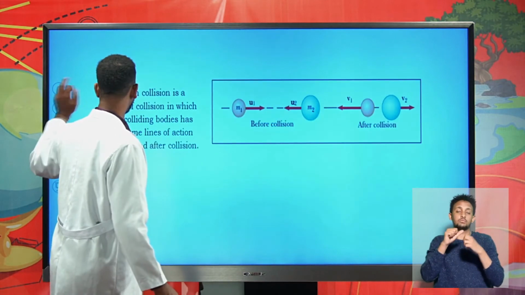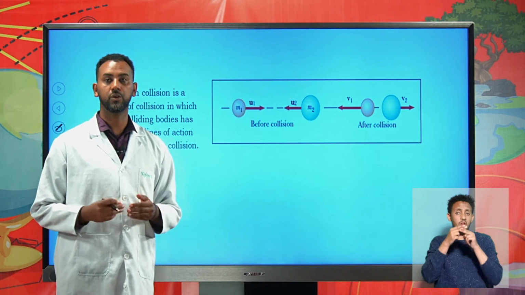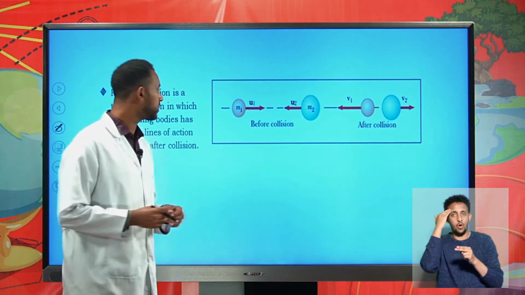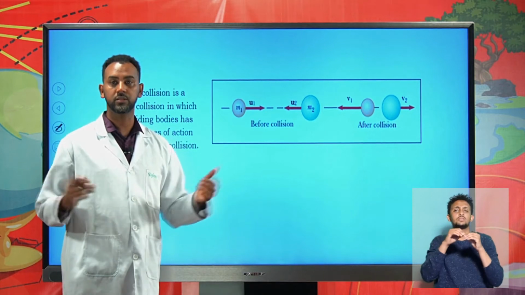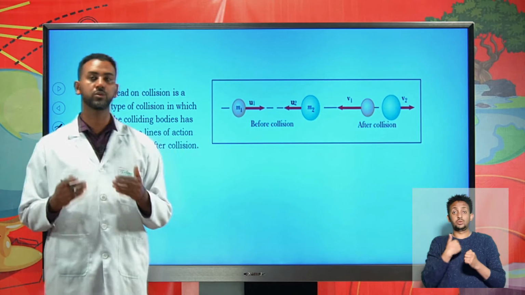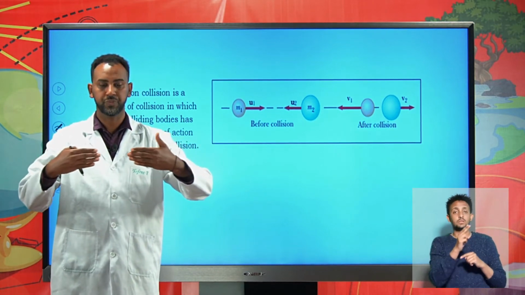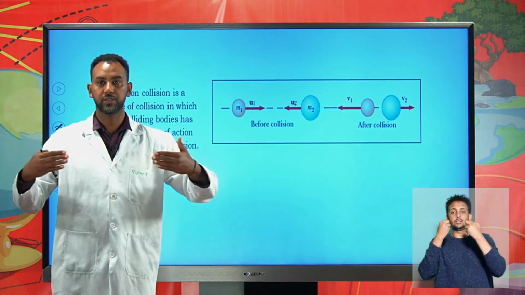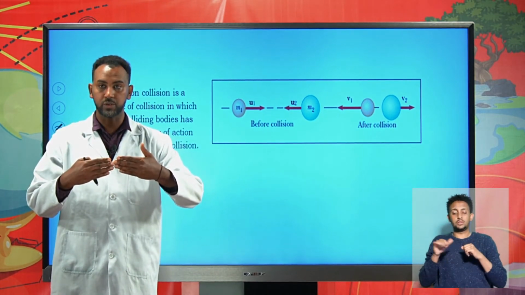The other type of collision, and the most common type, is known as head-on collision. Head-on collision is a collision in which the lines of action remain constant before and after collision. Suppose you have two objects or two masses, moving with different speeds oppositely and colliding together. After the collision, these objects might move on the same lines of action.